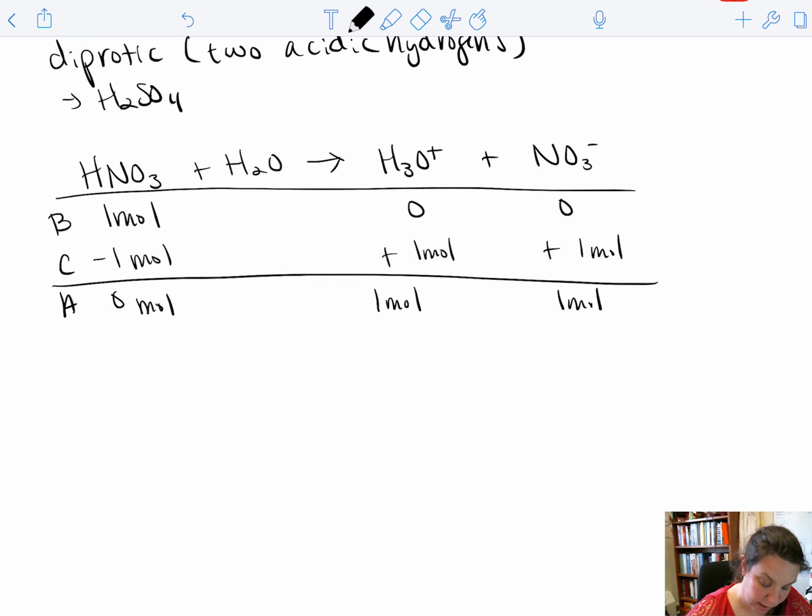If we take something like H2SO4, our strong diprotic acid, we throw this in water. We again still have a one-way arrow. We'll lose that first acidic hydrogen, like so.